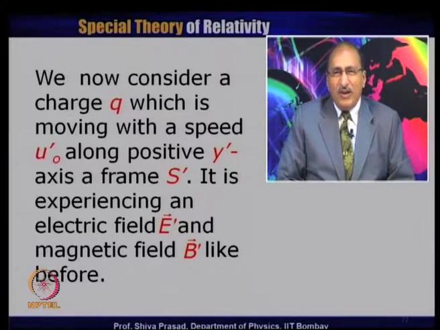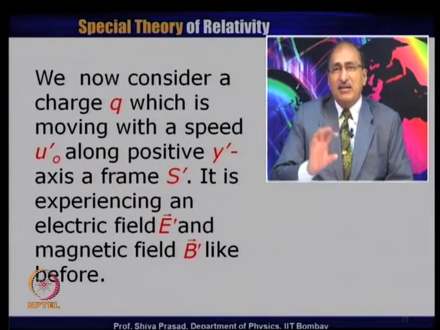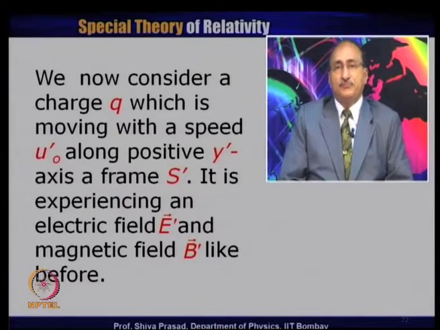Now, I look again at a special case, and the results happen to be general enough. Now, I alter the situation a little bit, which makes things a little more difficult mathematically. In the earlier case, I had assumed that the particle was at rest in S prime frame of reference.